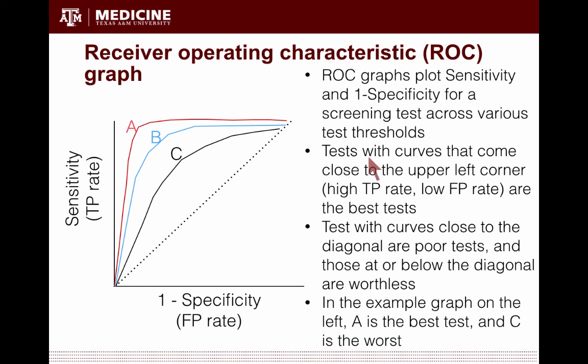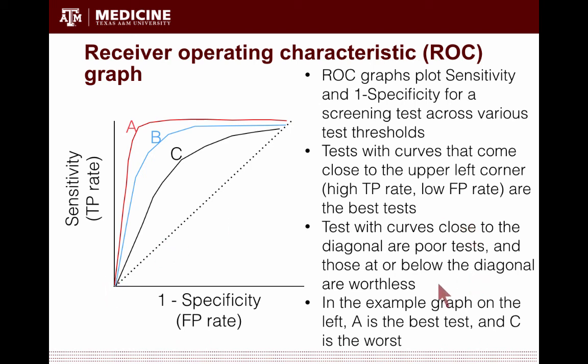Tests with curves that come close to the upper left corner, like A, have a high true positive rate and a low false positive rate. Those are the best tests. Tests with curves close to the diagonal are poor tests, like C. As we get closer to the diagonal, those become poorer tests.